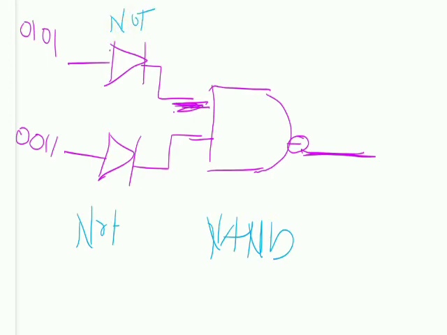So this one A, this one B, given 0 1 0 1 and 0 0 1 1. So 0 passing through the NOT gate, it gets a 1, 1 0 0 1 0, and this B side, B terminal 1 1 0 0.